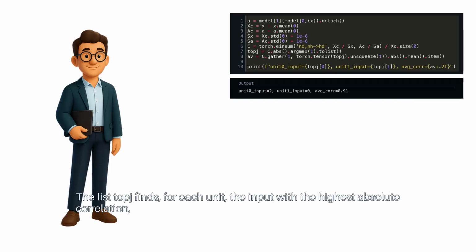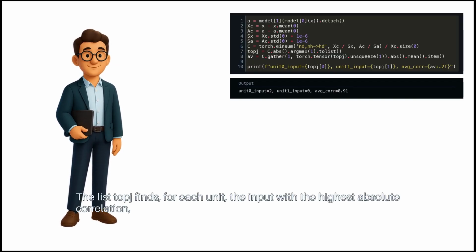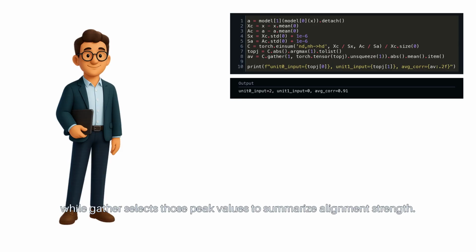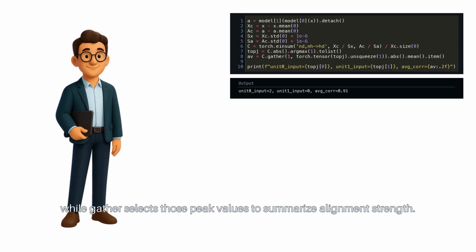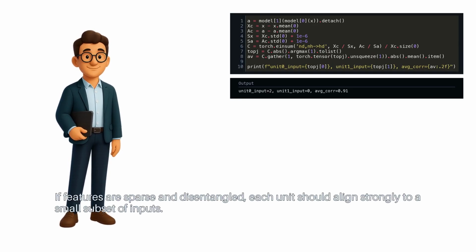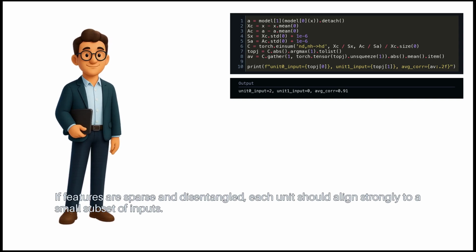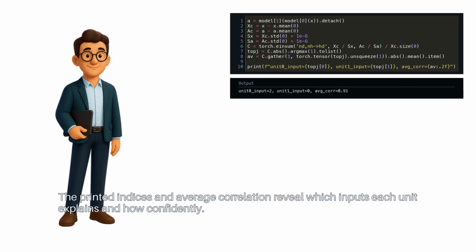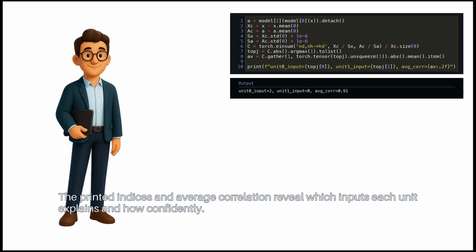The list top_j finds for each unit the input with the highest absolute correlation, while gather selects those peak values to summarize alignment strength. If features are sparse and disentangled, each unit should align strongly to a small subset of inputs. The printed indices and average correlation reveal which inputs each unit explains and how confidently.